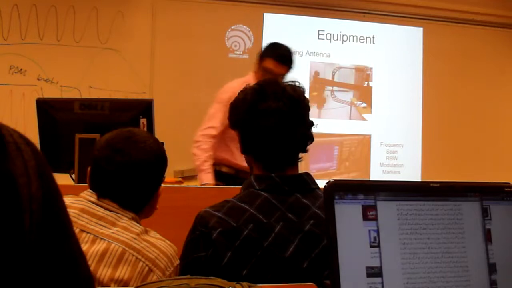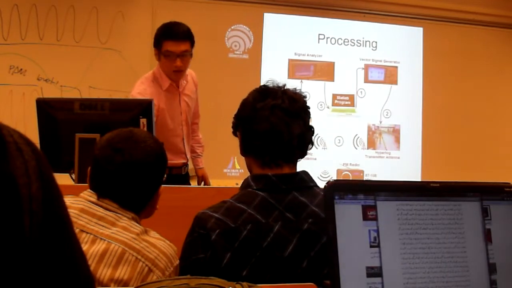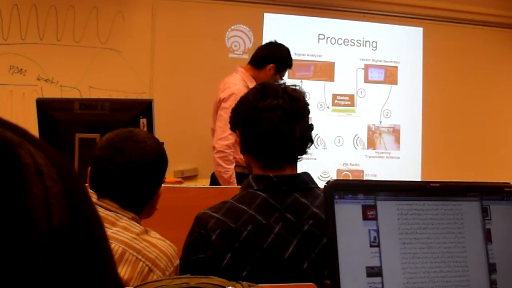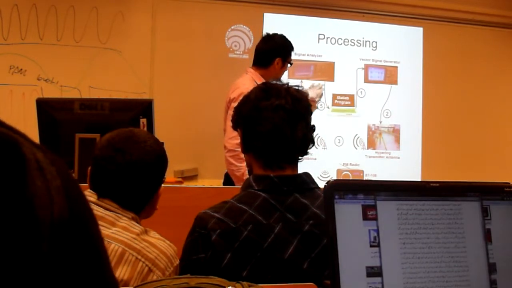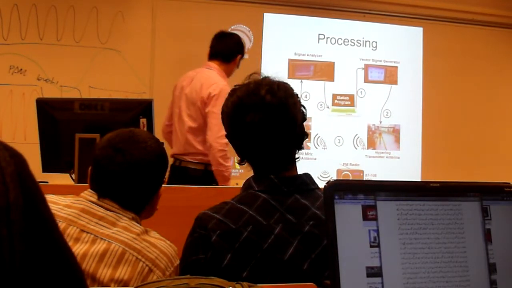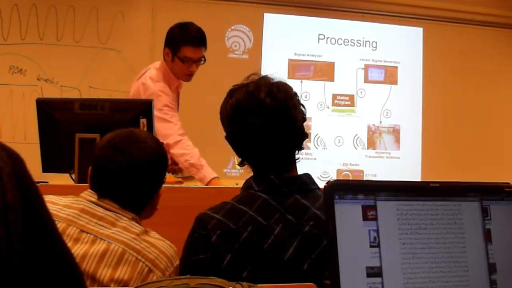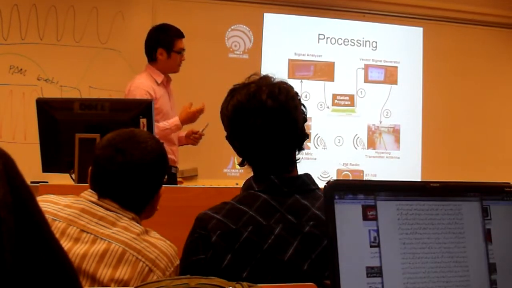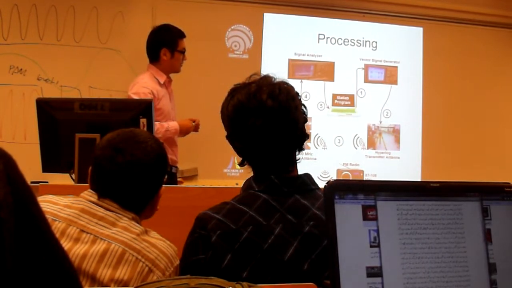And then here is the structure of the experiment. First of all, in the MATLAB program, we record the human voice as an analog signal, and later we're going to use it in FM modulation.